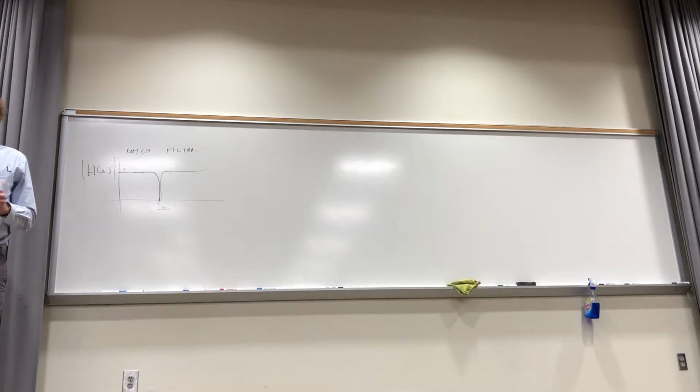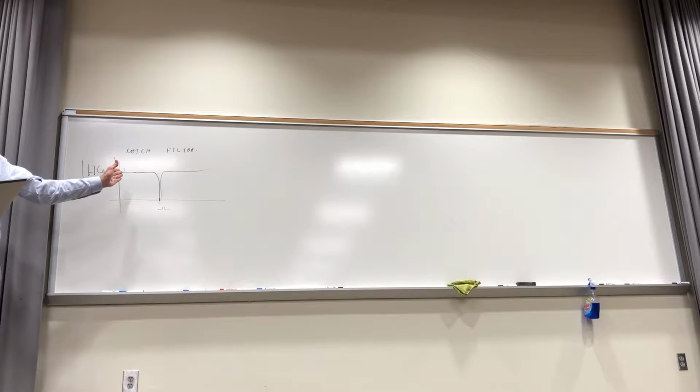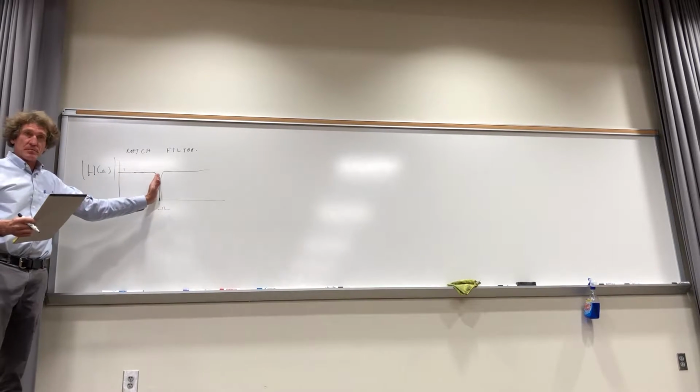Yep. Now, something else. If you take 1 over this, instead of a notch filter, you get a pass filter. You basically are passing everything. You get not a notch filter that stops it, but you're just passing this frequency band. You follow me?